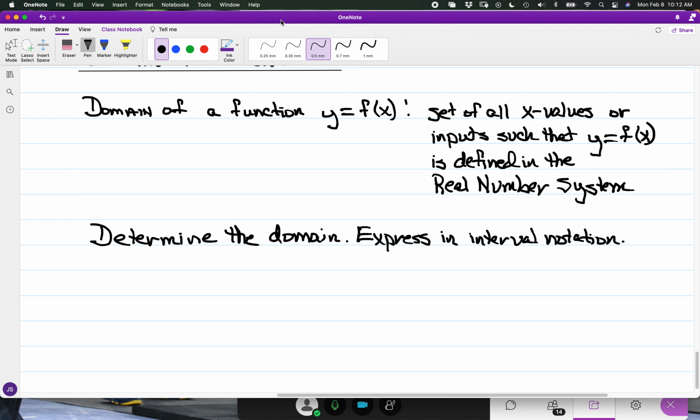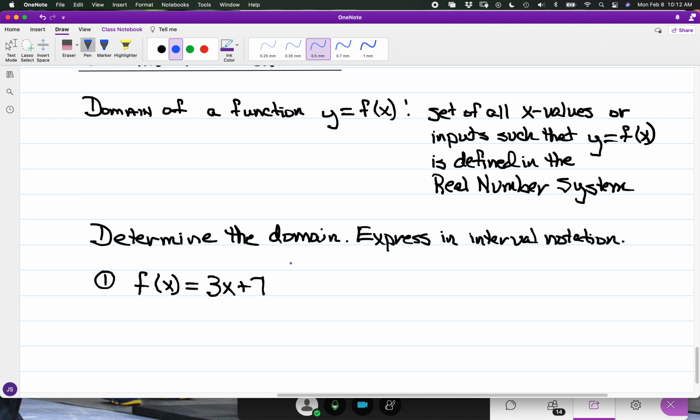First of all, if we have a function f of x equal to 3x plus 7, for the domain of this function, you have a linear function, and we don't have anything like an even root radical or a fraction.